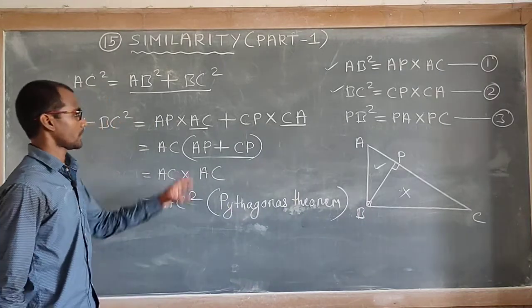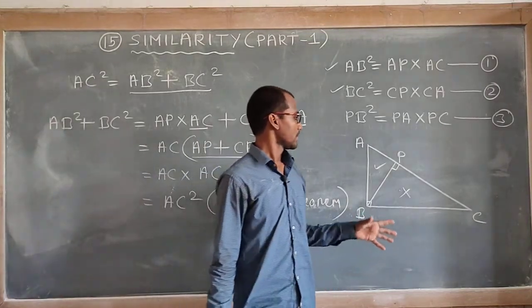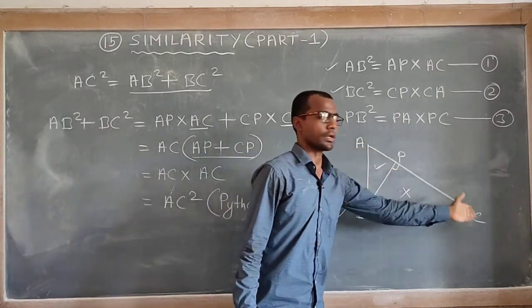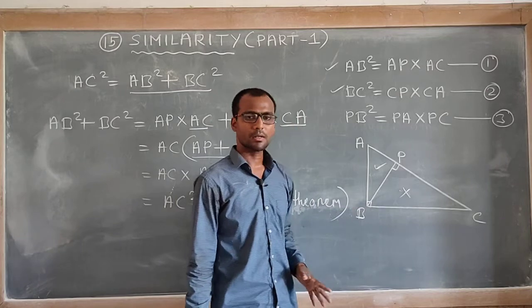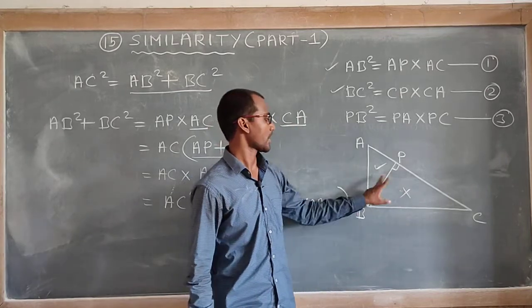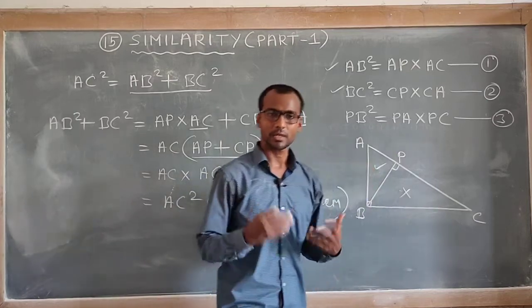So remember this theorem. What is the theorem? In a right triangle, the altitude corresponding to the hypotenuse divides the triangle into two small triangles which are similar to each other, means these two triangles will be similar to each other and also similar to the original big right triangle.